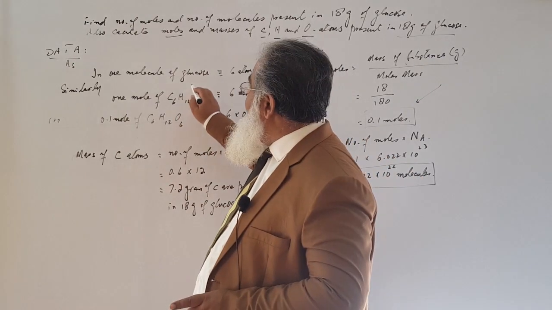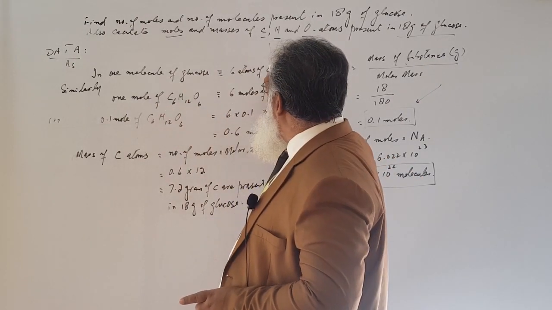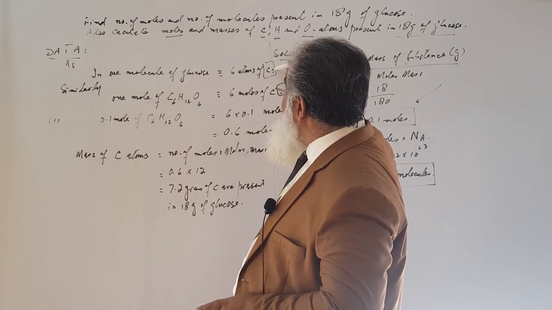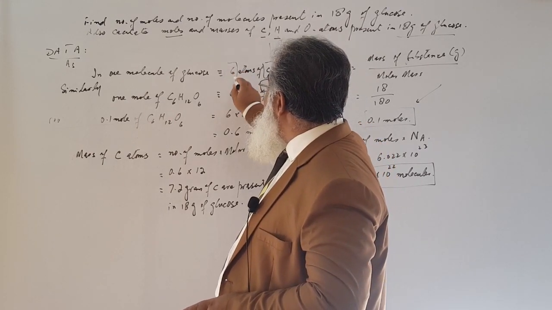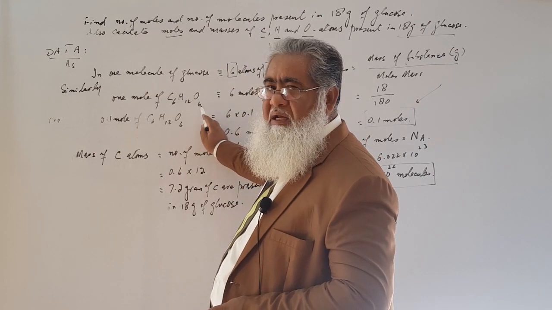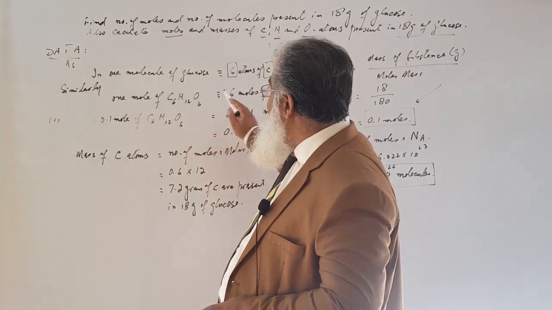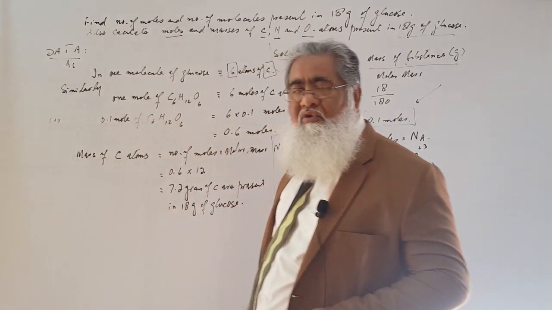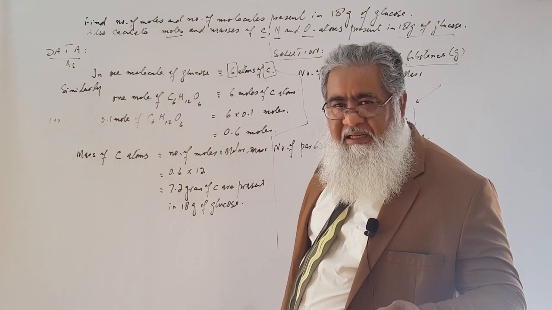Similarly, in order to find the number of moles of hydrogen and oxygen atoms, at the place of 6 atoms of carbon, in case of glucose there are 6 atoms of oxygen as well. Therefore, after finding the number of moles 0.6, we will have to multiply with 16.